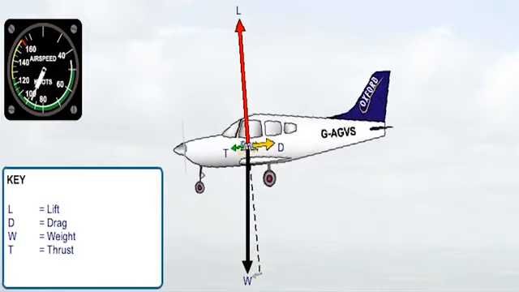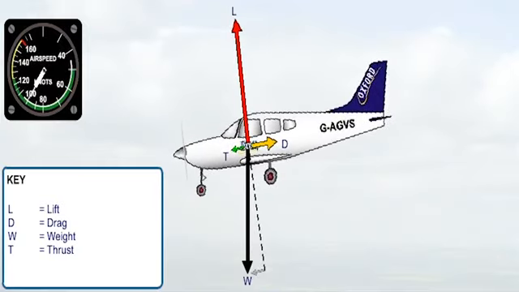If, however, the pilot wishes to maintain 100 knots at the reduced power setting, he must select a more nose-down attitude. The magnitude and distribution of forces now cause the aircraft to descend. As you see on screen, a component of the aircraft's weight now acts in the direction of the aircraft's flight path, which, added to the remaining thrust from the propeller, balances the original drag.